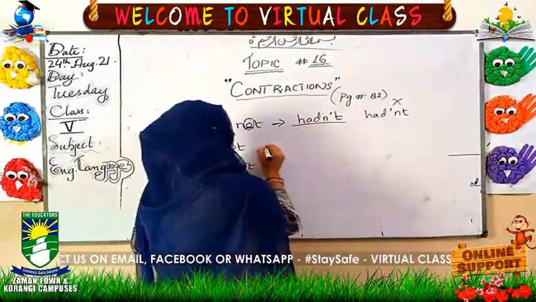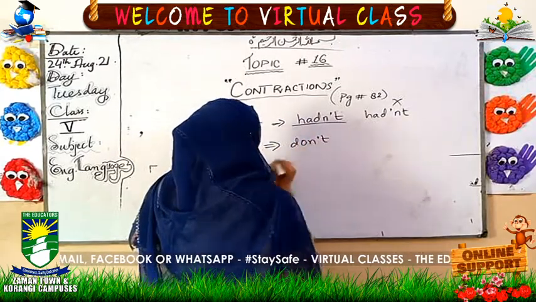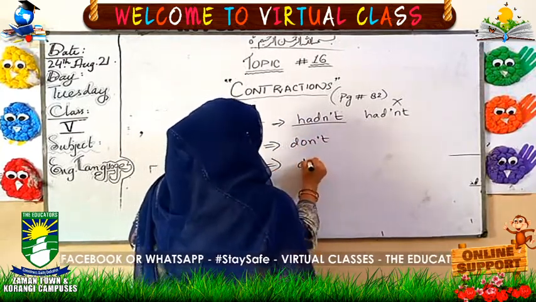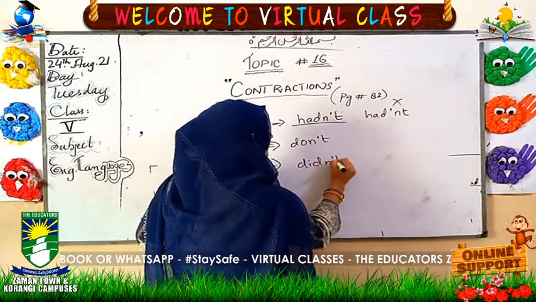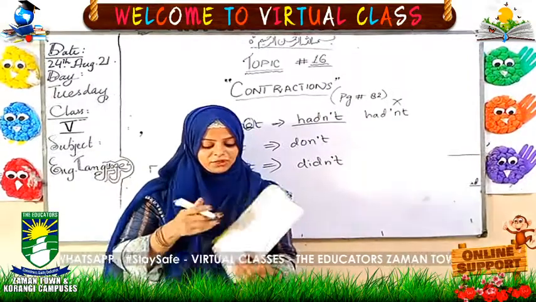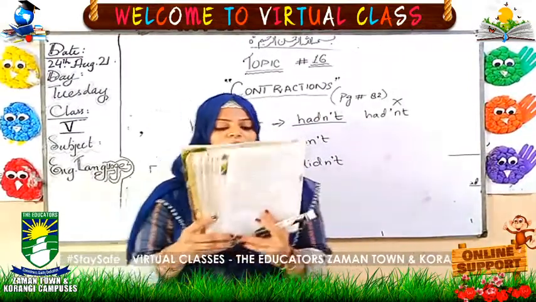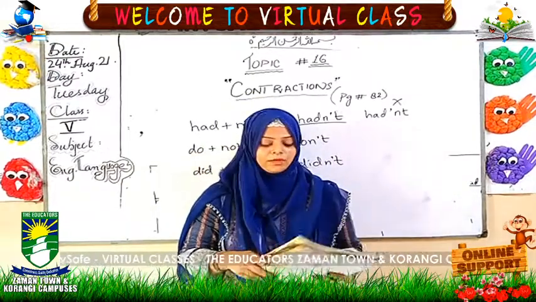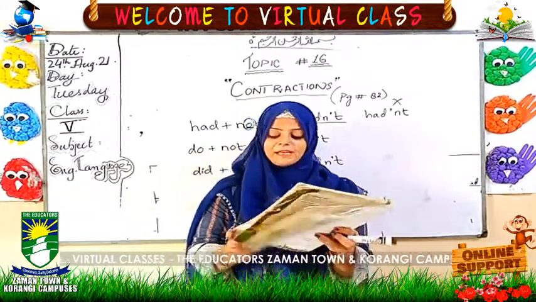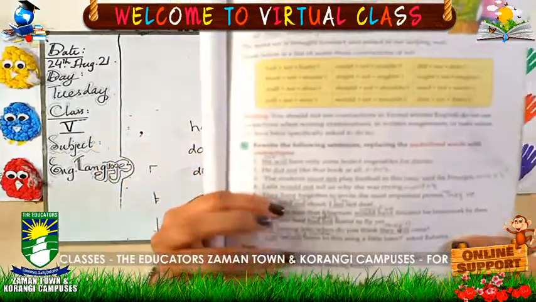What is the contracted form of do not? It will become don't. What will the contracted form of did not be? It will become didn't. Okay, just like this, you can make the other contracted forms of not as well. Students, for your homework, you have an exercise on page number 85.